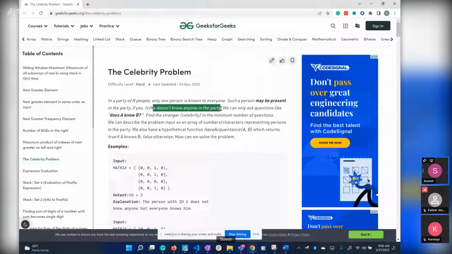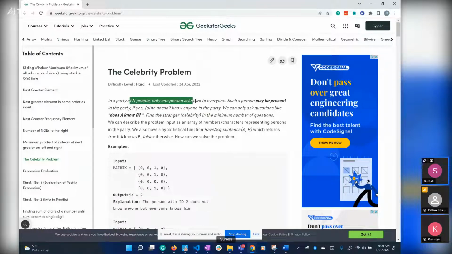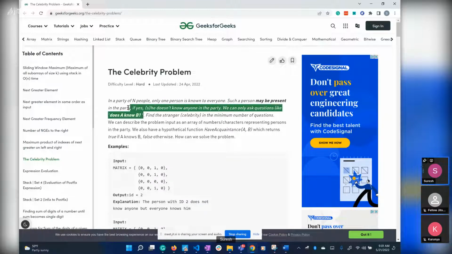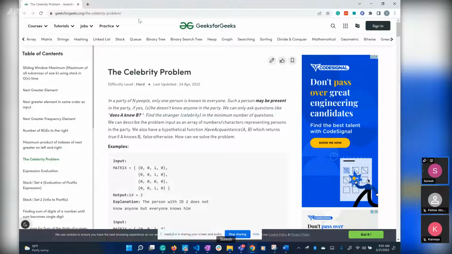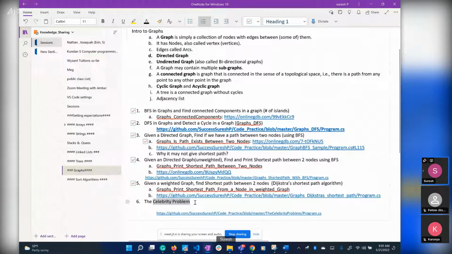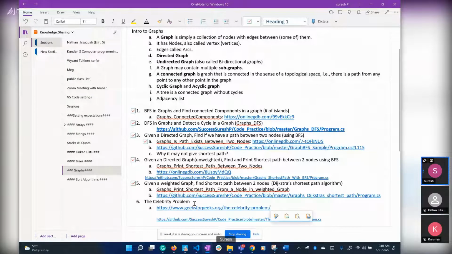The celebrity should not know anyone in that pool of people, and everybody else in the party knows that guy. Only then do we call him a celebrity. That's a little bit of a weird definition of celebrity, so don't think that this is exactly the real-life example of a celebrity.